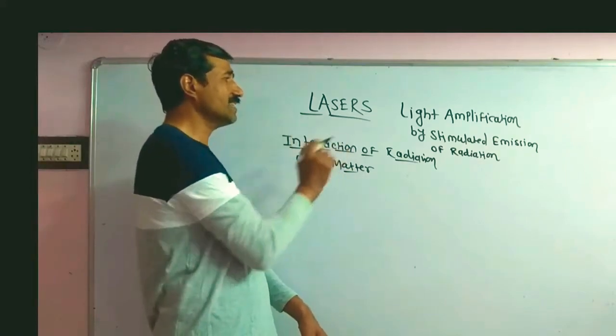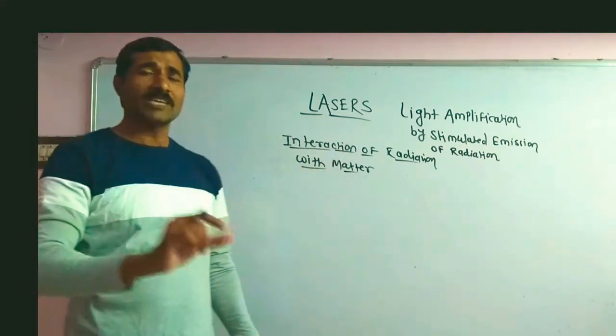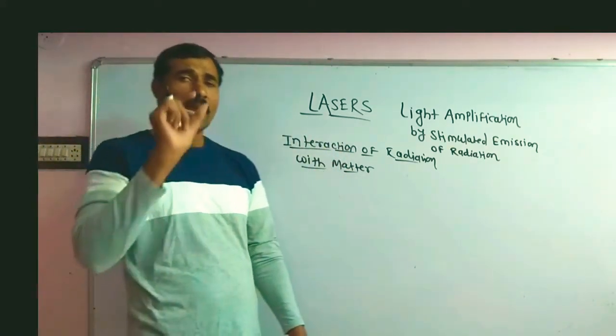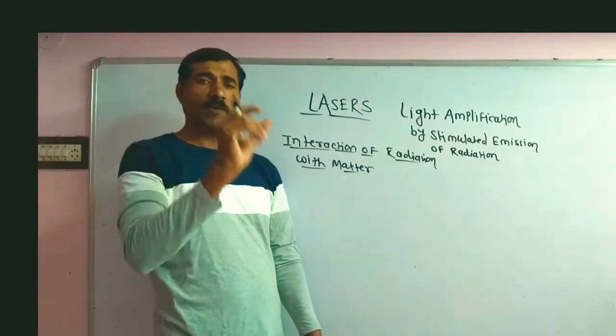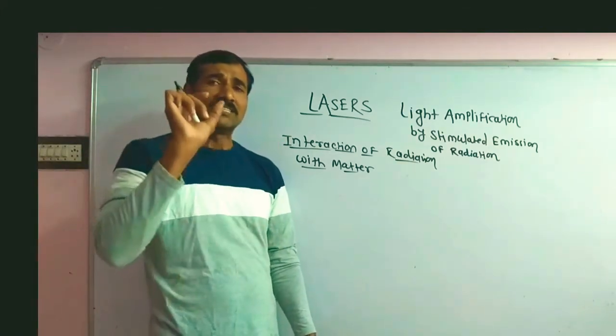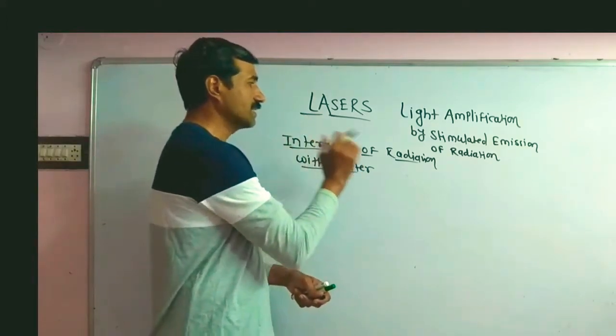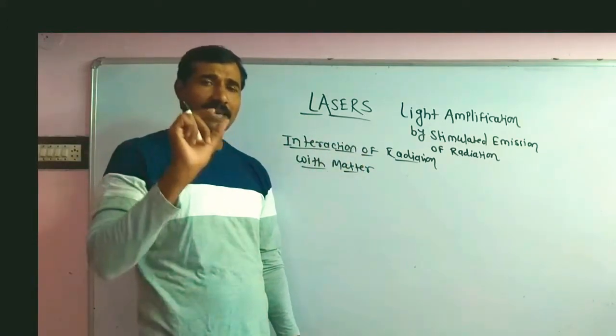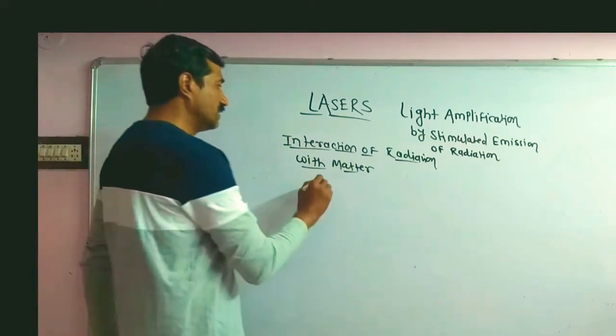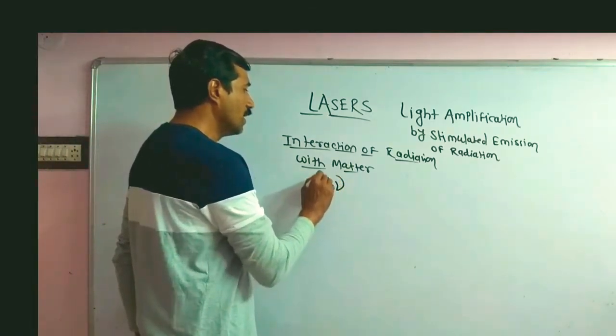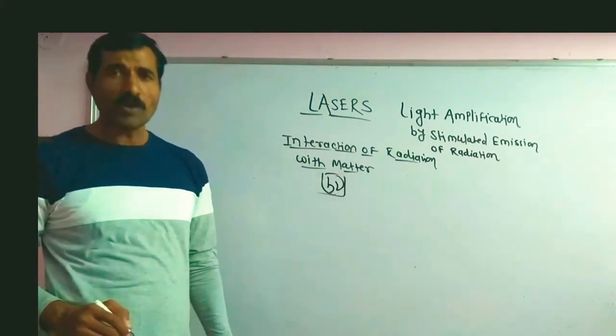It means in this we use the quantum picture of light, and we know that the quantum picture of light is a stream of photons, where each photon possesses the energy h mu. Here h is the Planck constant and mu is the frequency of the photon.